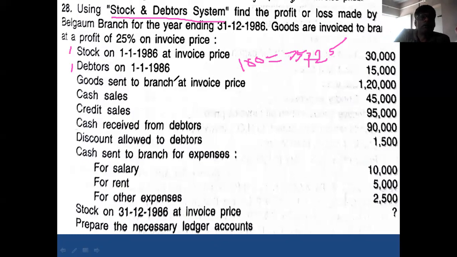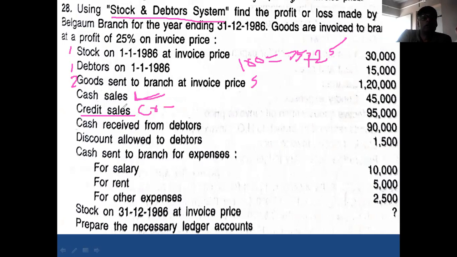Goods sent to branch is the second item, and it comes in the branch stock account. Then cash sale, by cash sale on the credit side of the branch stock account, and credit sale, branch stock account credit side.